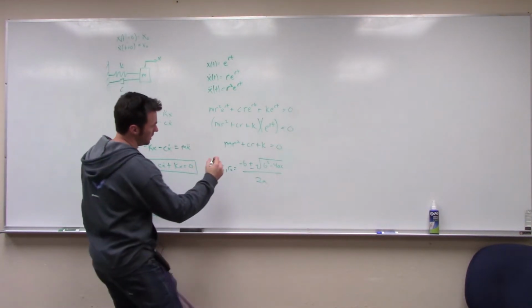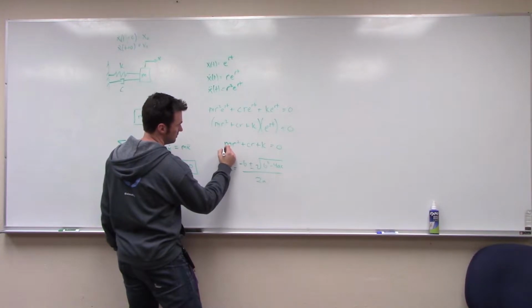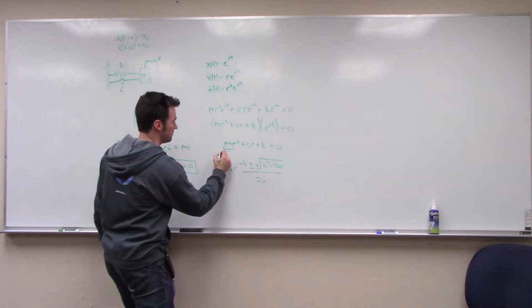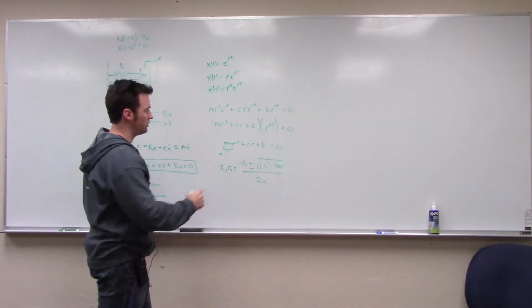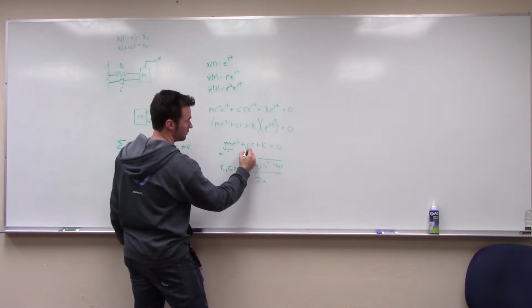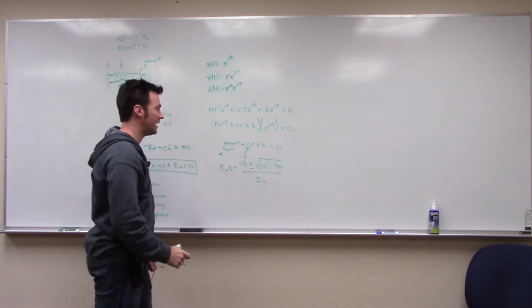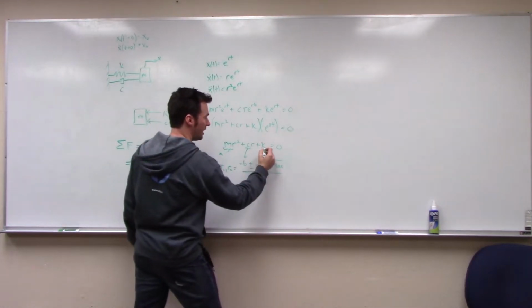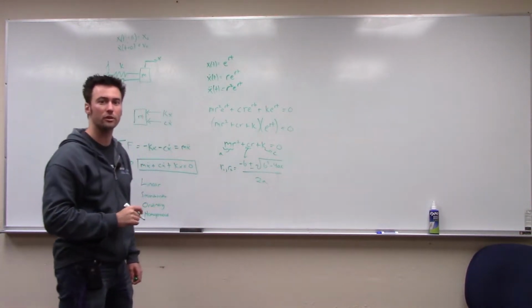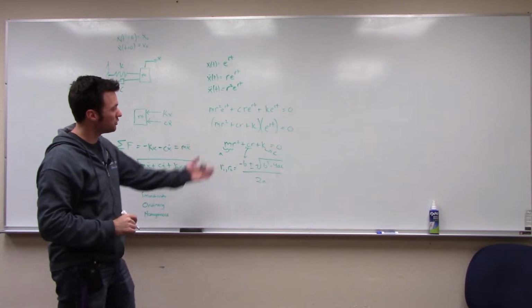So this thing here, m, that is our a in this case. This c here, in the quadratic formula, that's really b. And k here, in the quadratic formula, that's what we're going to call c. I know it's a little bit confusing.